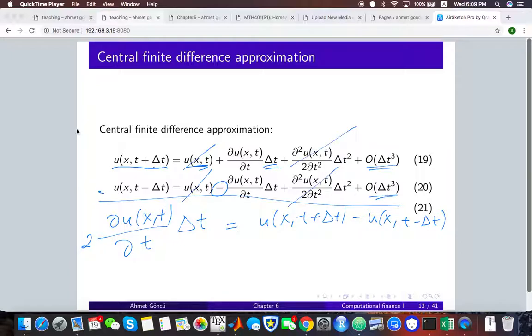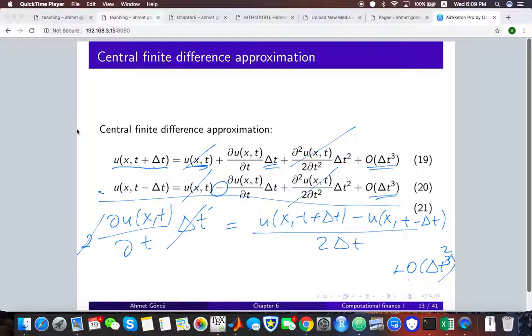The big O here in this case will be delta t cubed, and if you divide both sides by 2 times delta t, we get rid of these terms, and this is now delta t squared.